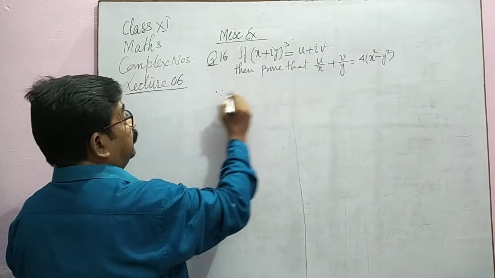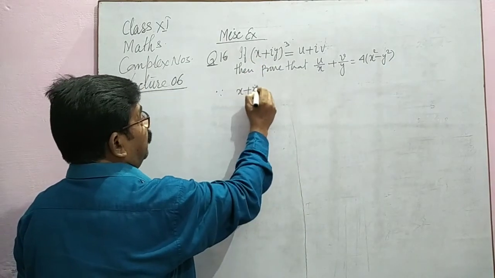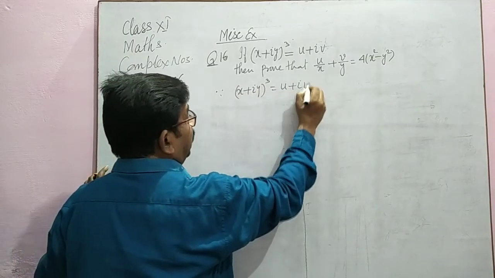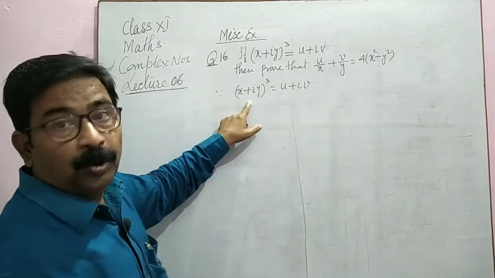Since (x + iy)^3 = u + iv, break this into a whole cube.